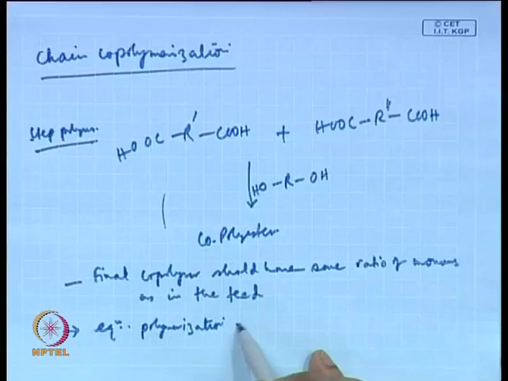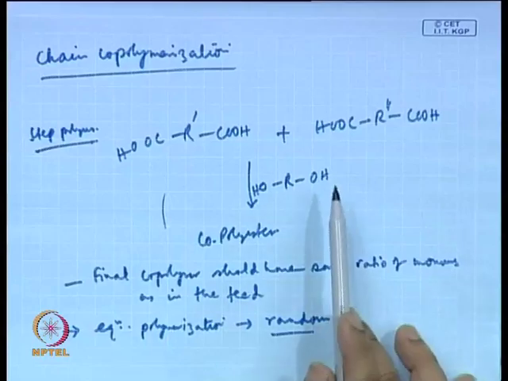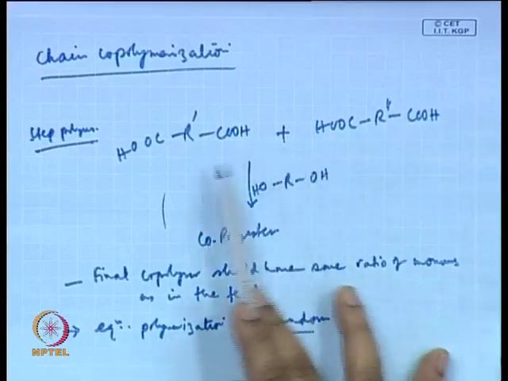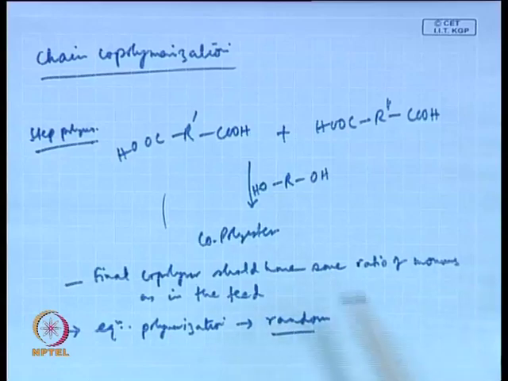So, at the end you invariably land up in a random copolymer, a random arrangement of these two monomers, unless in specific cases where the reaction rates are very high, for example, reaction between acid chloride and alcohol.